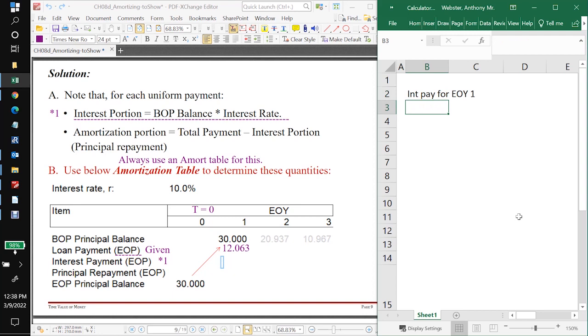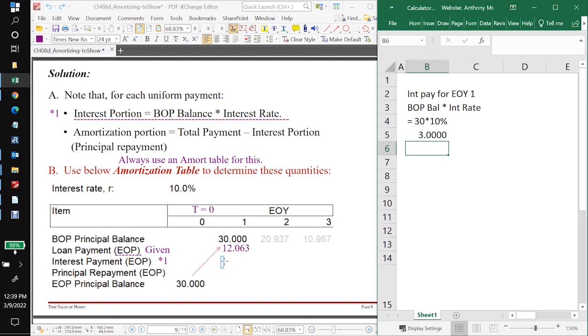So we're going to have BOP val times our interest rate, and that's equal to 30 times 10%. And I can even do that in my head. That's equal to 3.